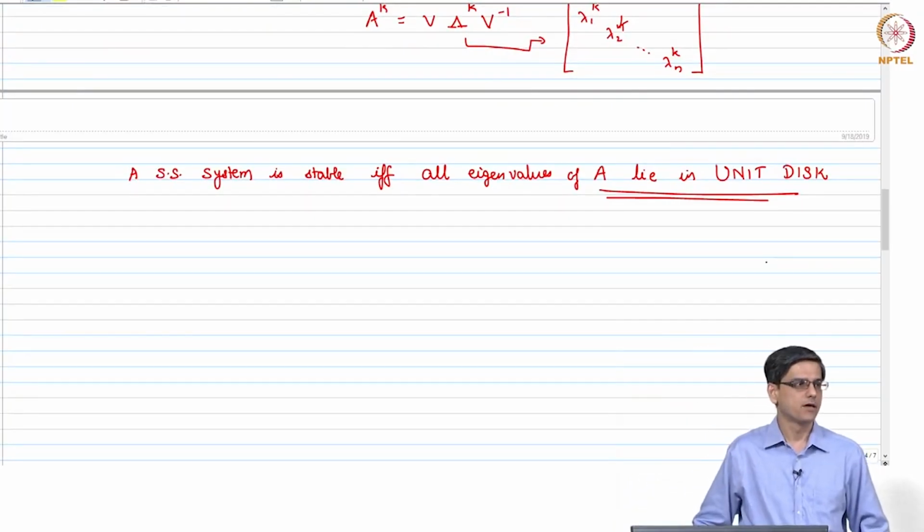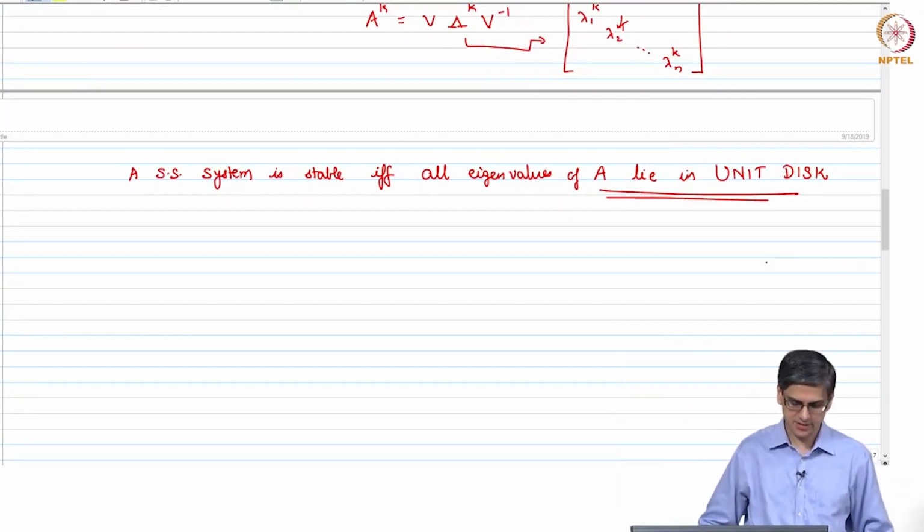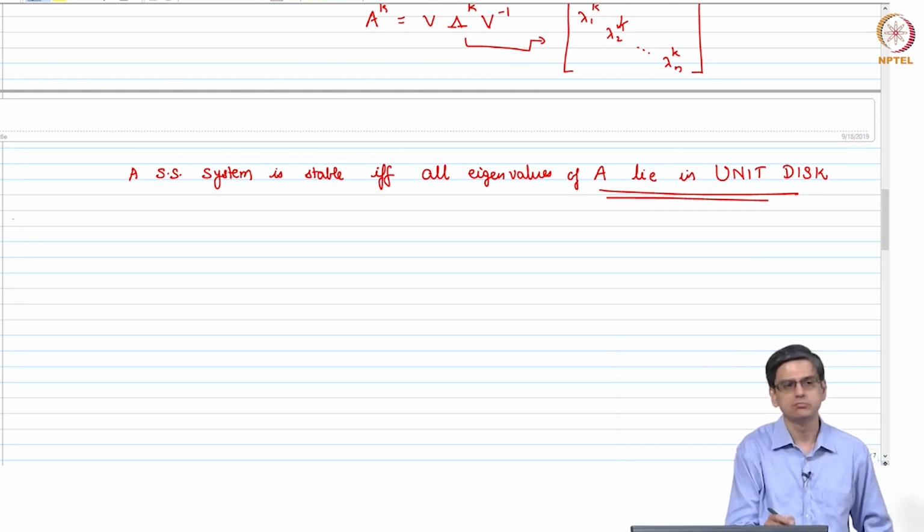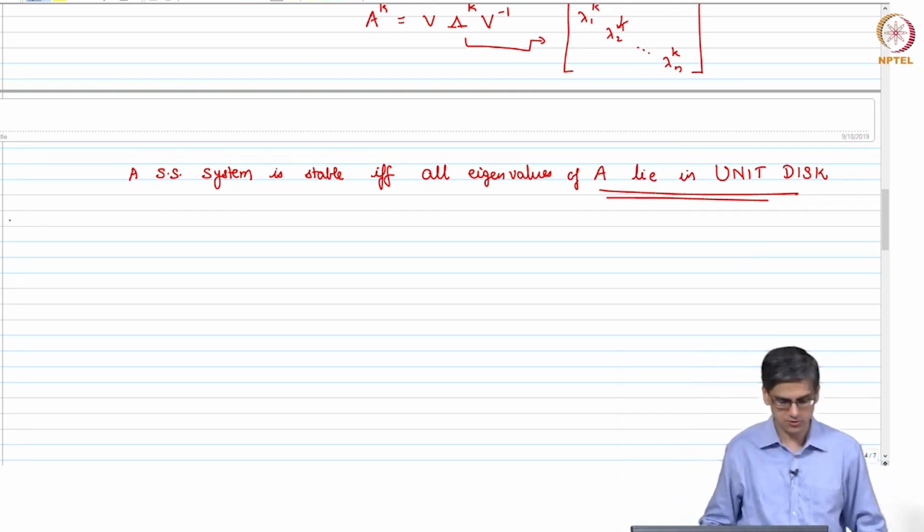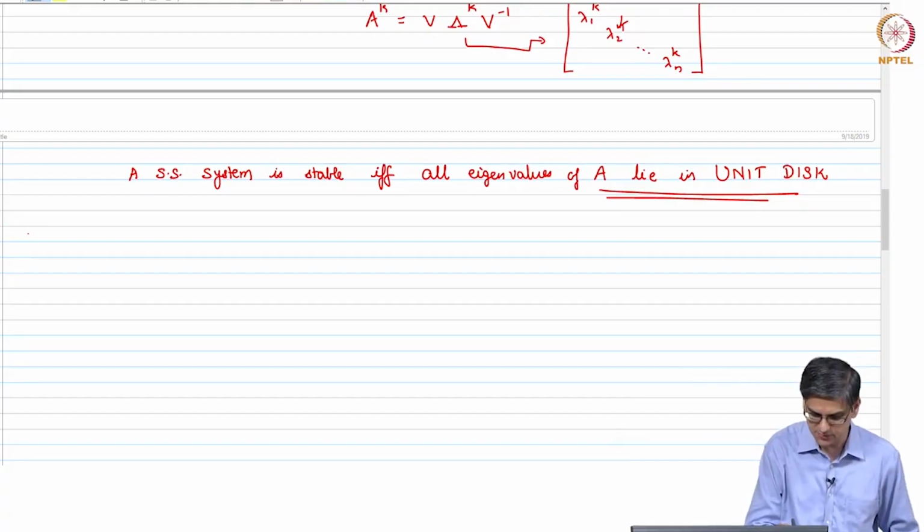So let's formally define stability. There is a third one also, but there are two types of stability.